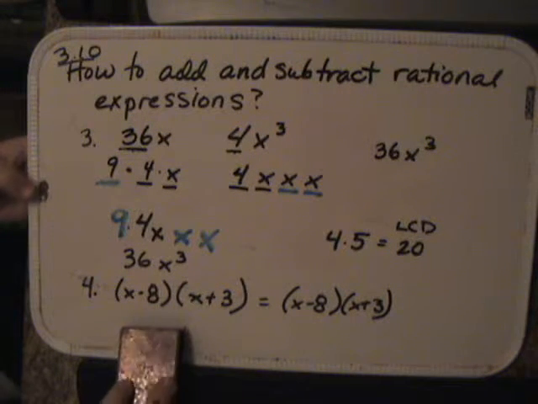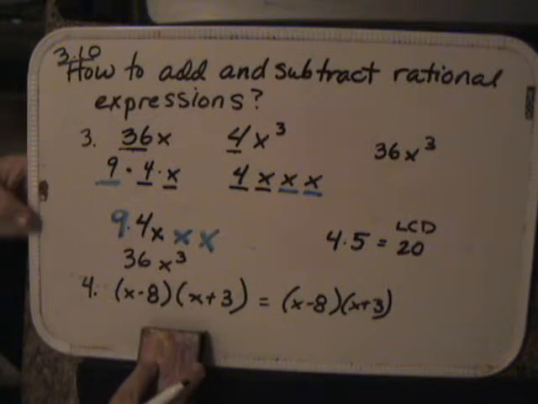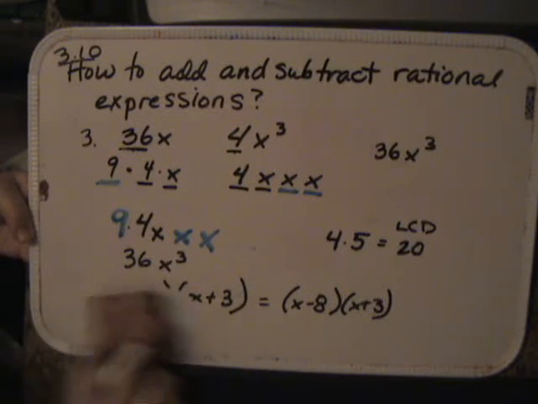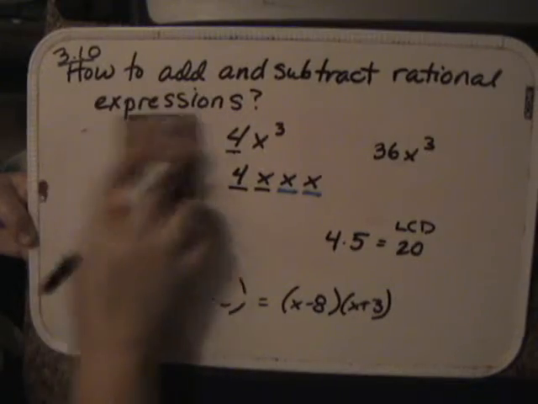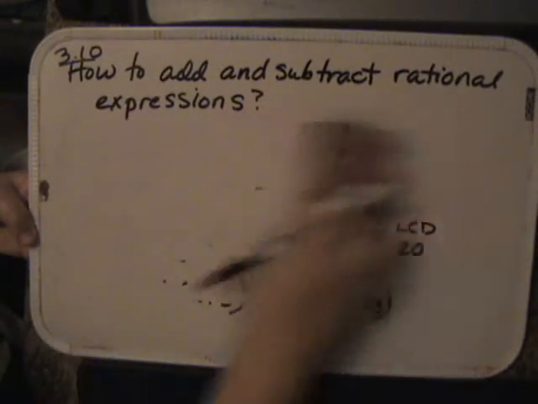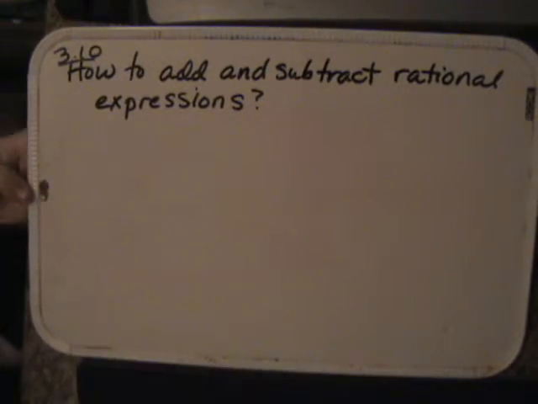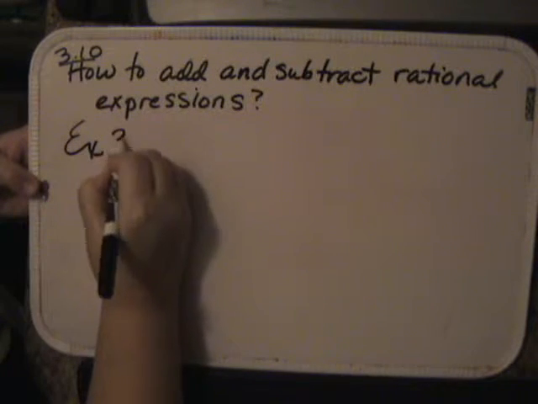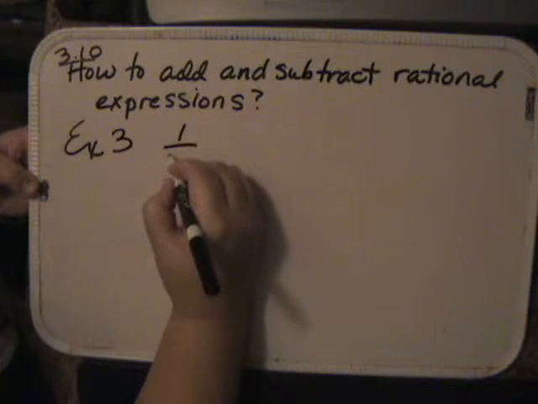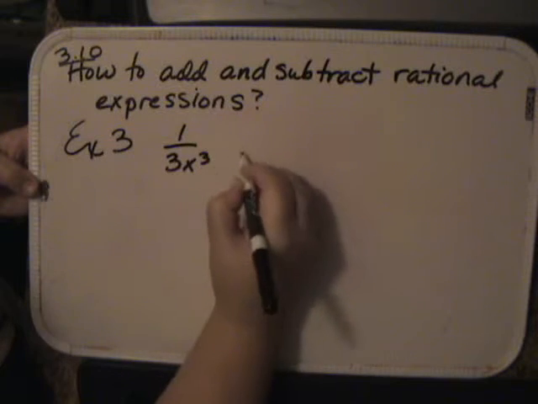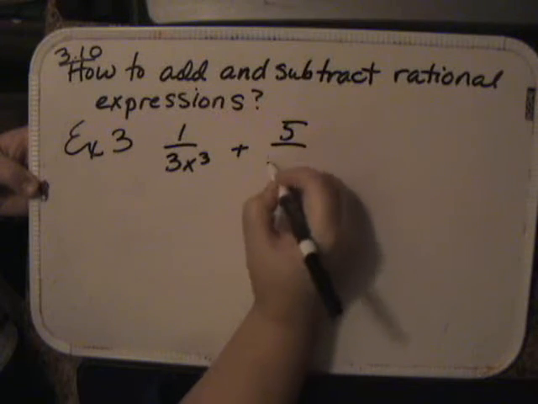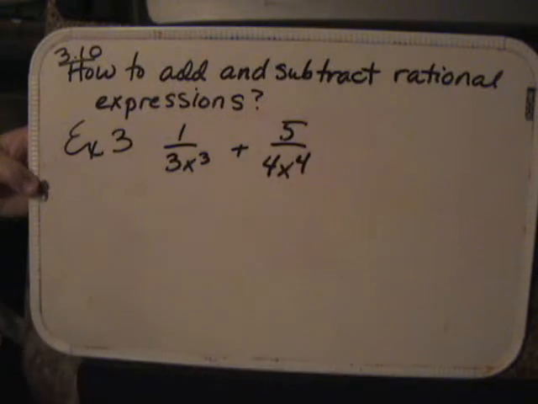Let's start doing some fractions with denominators that are not the same. That would be example 3. In this example, we have 1 over 3x cubed plus 5 over 4x to the 4th.